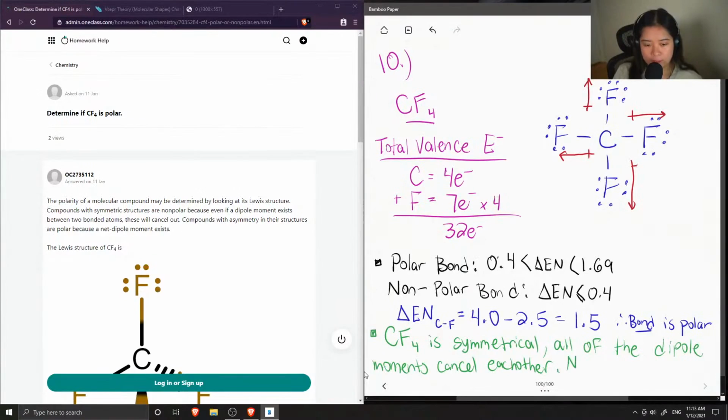So we have a net dipole moment equal to 0.